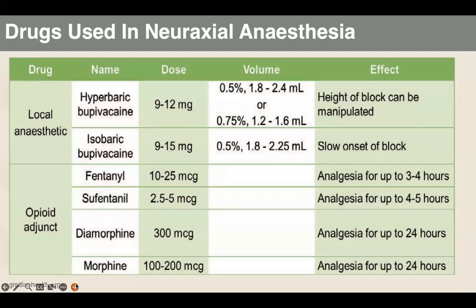And if available at your disposal, 2.5 to 5 microgram. And this can offer an additional benefit of analgesia to your patient. In case of intrathecal fentanyl, 3 to 4 hours. Meanwhile, if you use systemic fentanyl, it will last around 15 minutes.